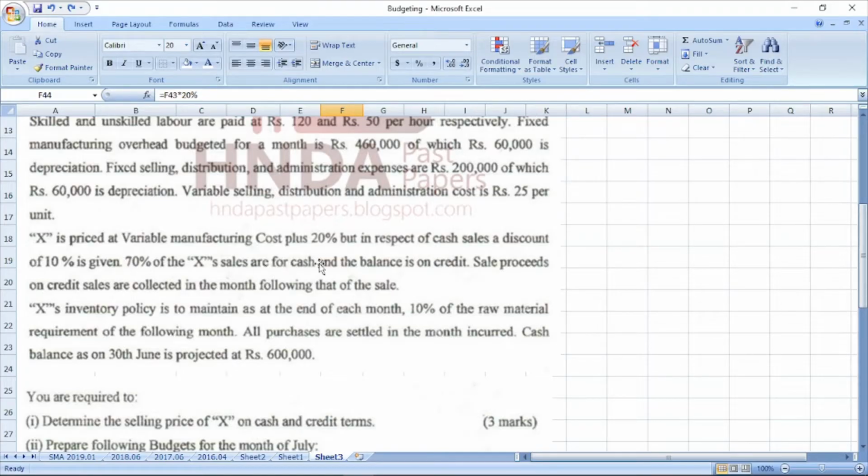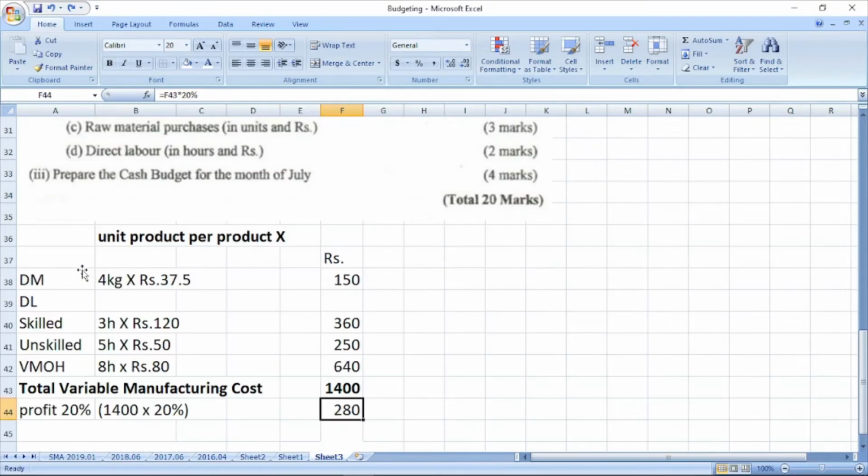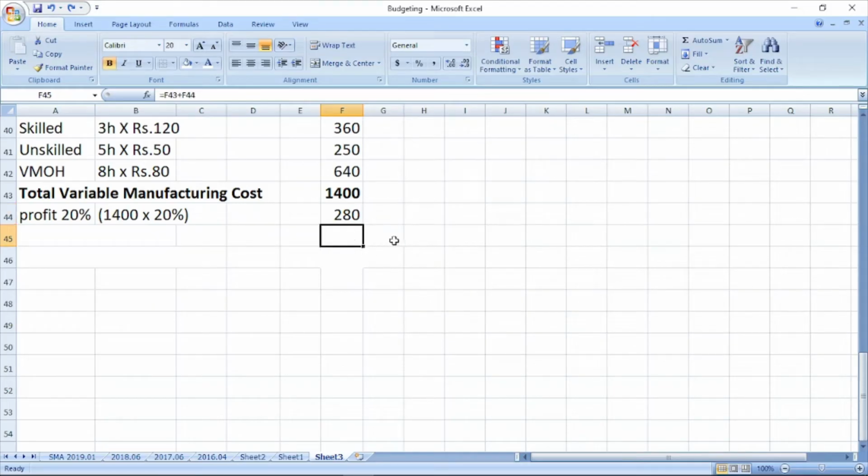In respect of cash sales, a discount of 10% is given. So this is the amount for credit: the 1400 plus 280 profit, we get the price of X for credit, which is 1680.